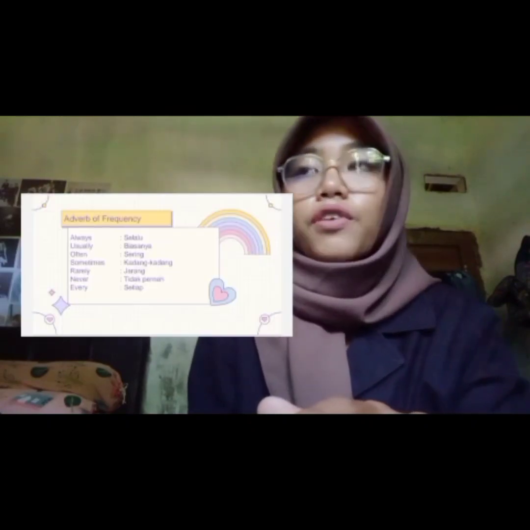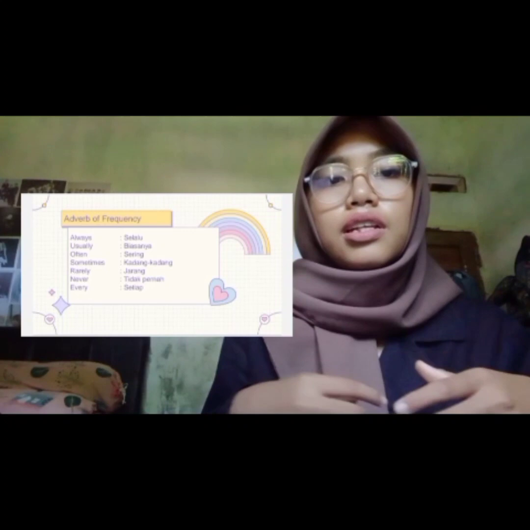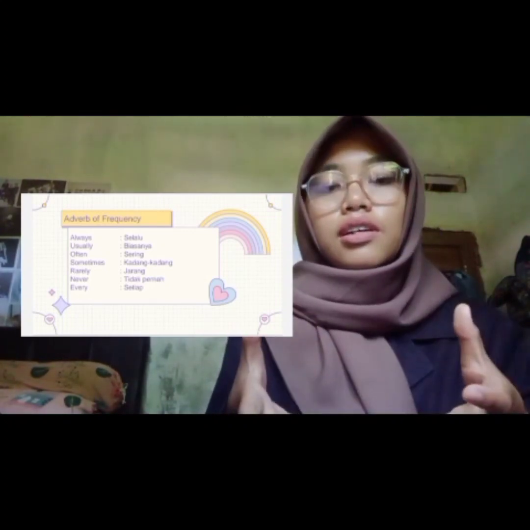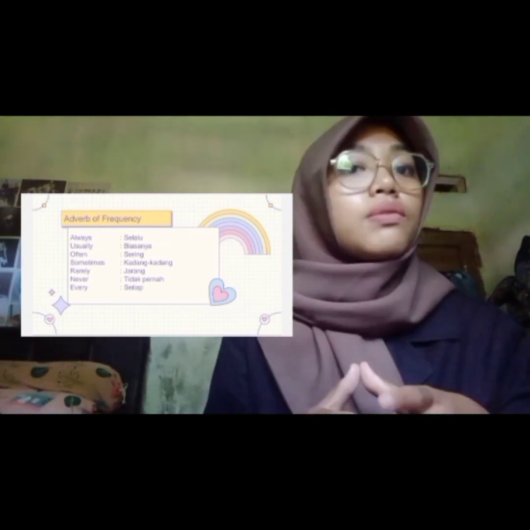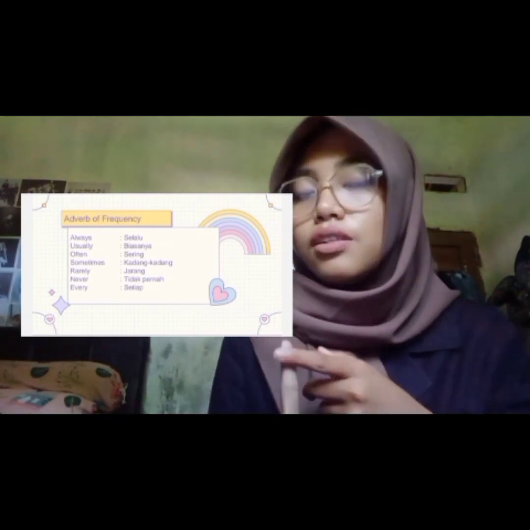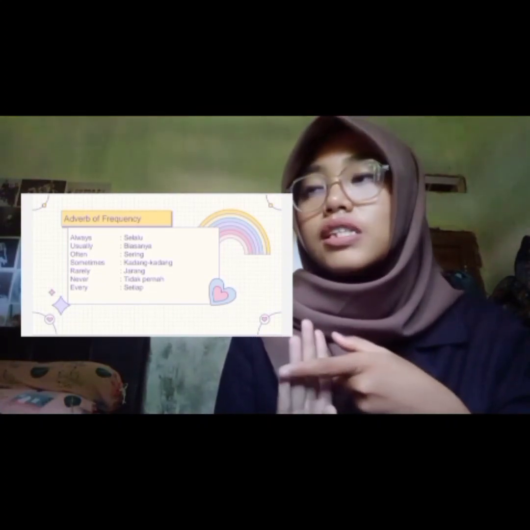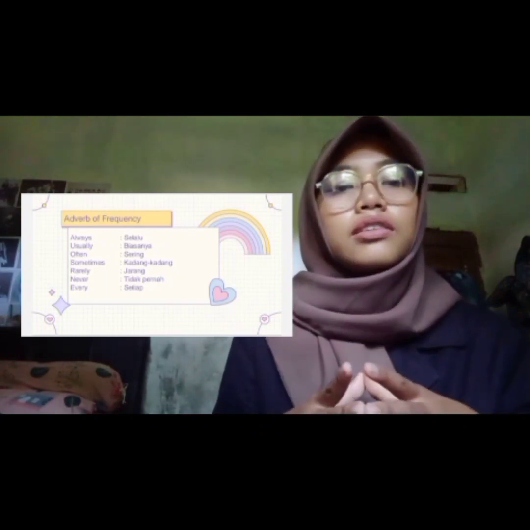There are 7 adverbs of frequency we need to learn when we learn about descriptive text. The first one is always. The second one is usually, often, sometimes, rarely, never, and the last one is every.